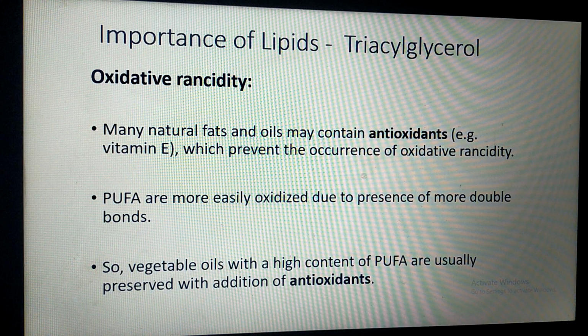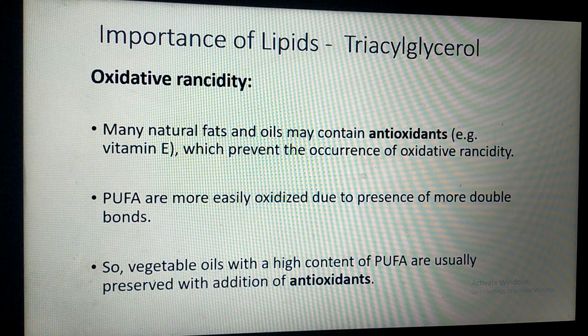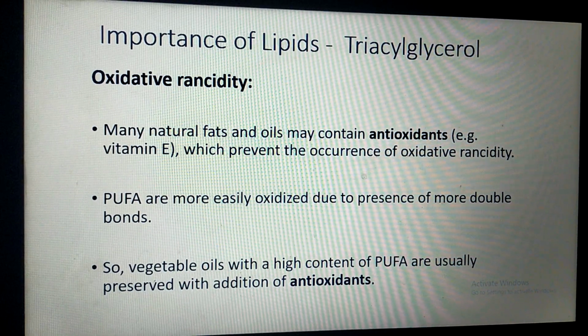So if you want to store or if you want to increase the shelf life of vegetable oils, then you have to add antioxidants to that oil like vitamin E, which prevent the action of free radicals on the triglycerides or polyunsaturated fatty acids.